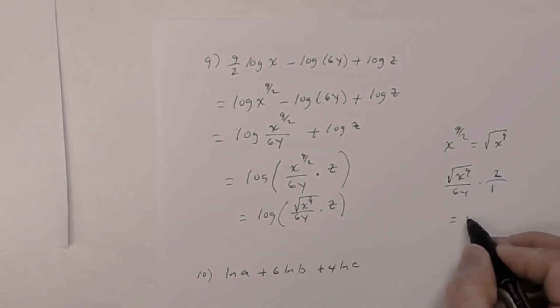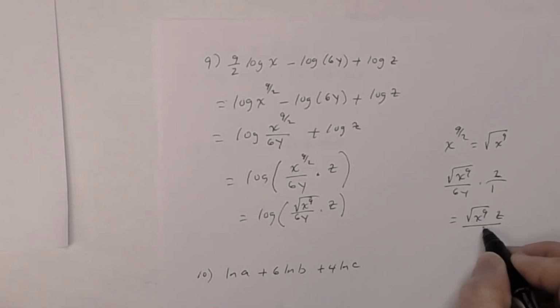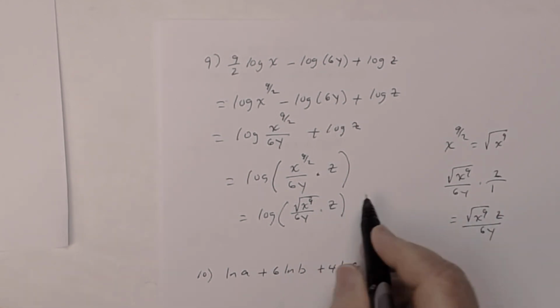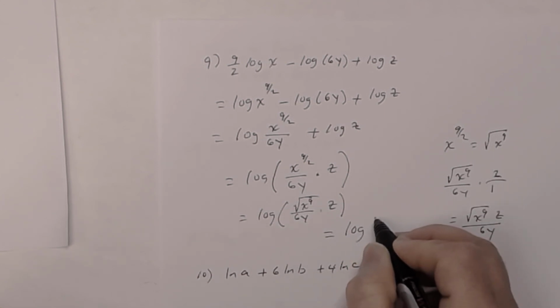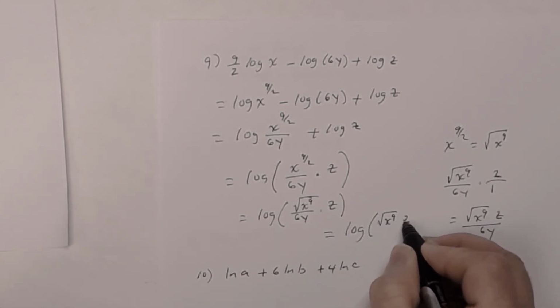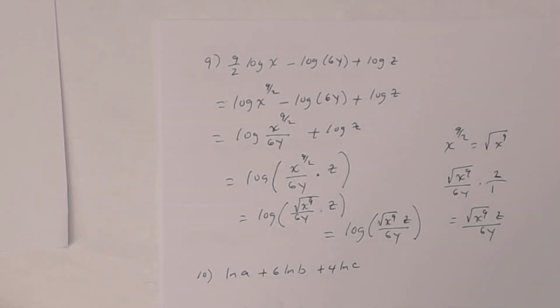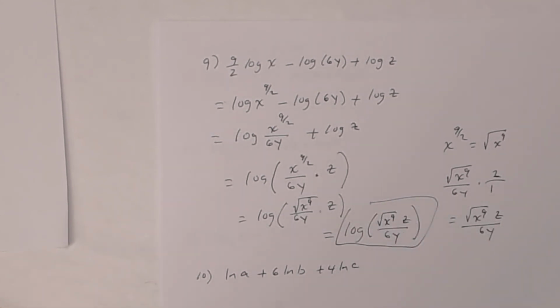It'll be the square root of x to the 9 times z divided by 6y. So that one fraction goes here. The answer then will be the log of the square root of x to the 9th times z divided by 6y. And that's it. That's your answer.